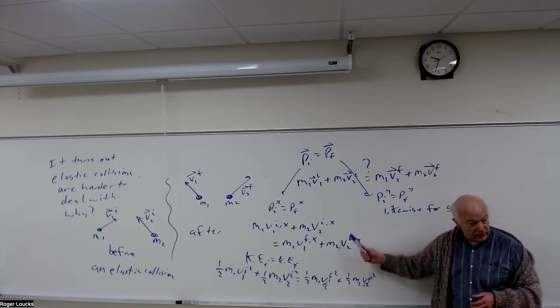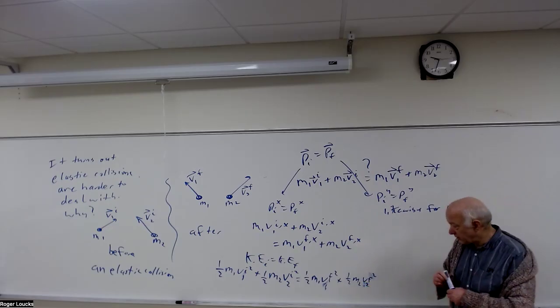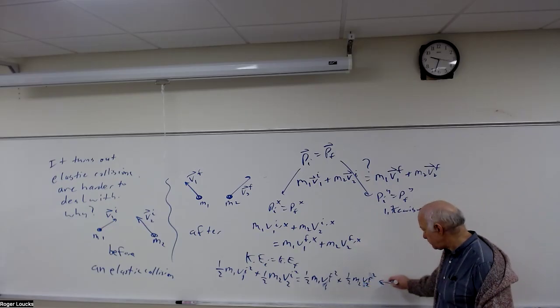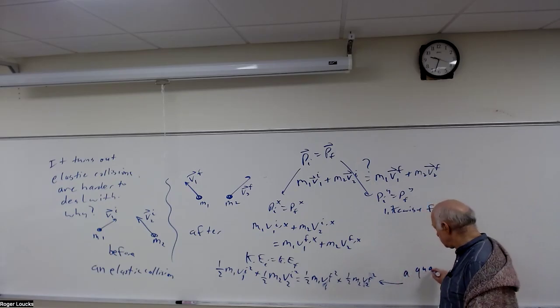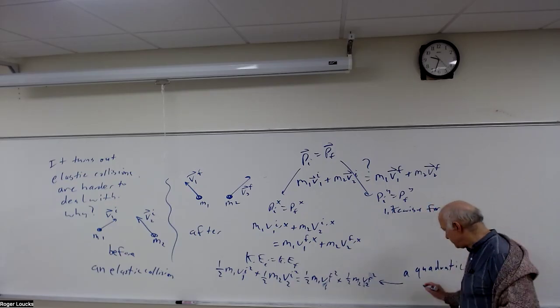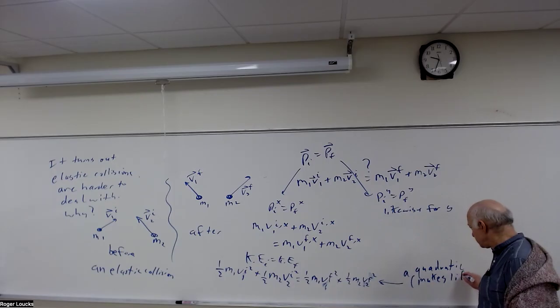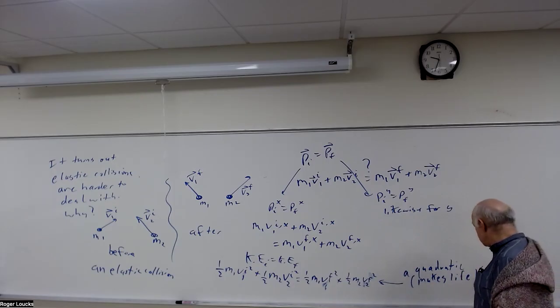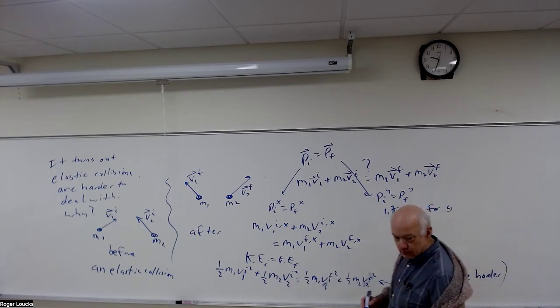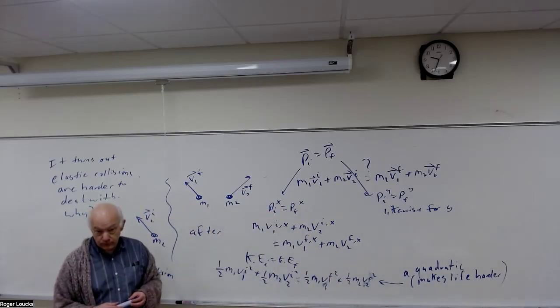I have linear equations and I have a quadratic. That quadratic makes life a lot harder. So this is a quadratic, and this makes life harder. That's why elastic ones are going to be harder to do.